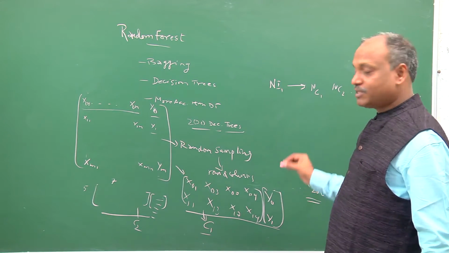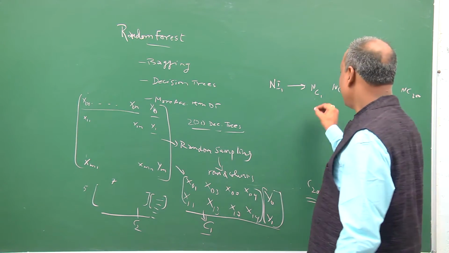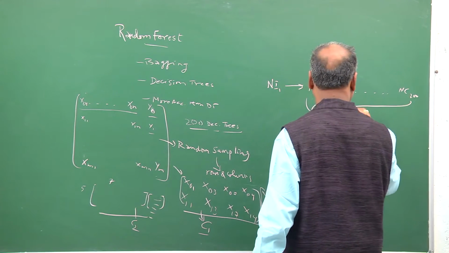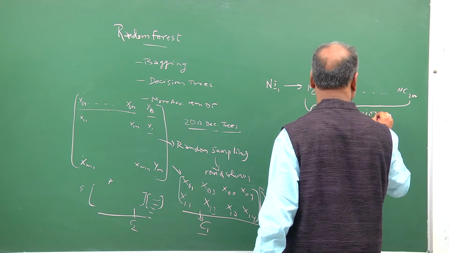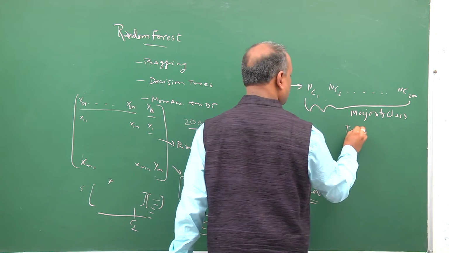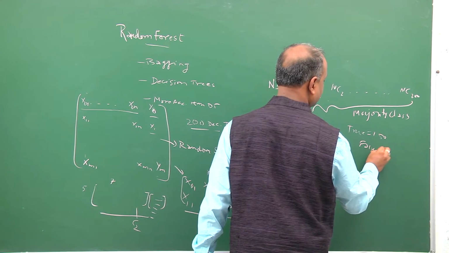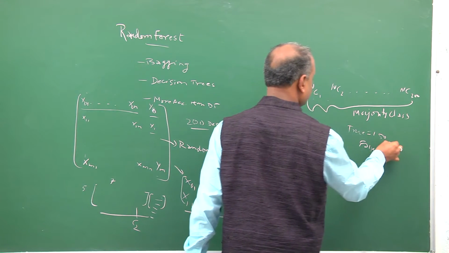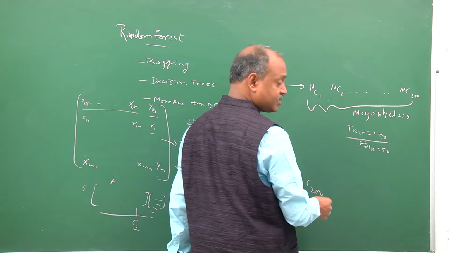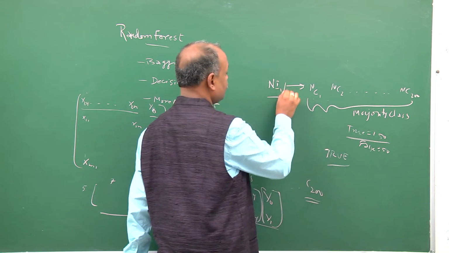So you will have, say, true, true, false, false, false, true, like that, and then you take a majority class. Suppose true is 150 and false is 50. So you will say that the combined result is true for the new input which you have given.